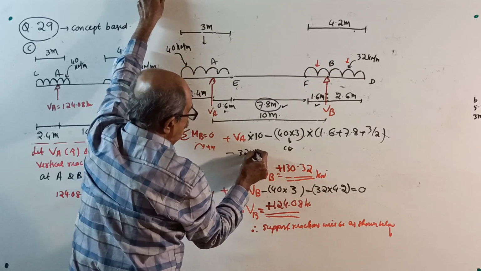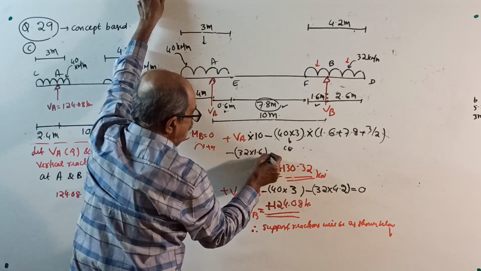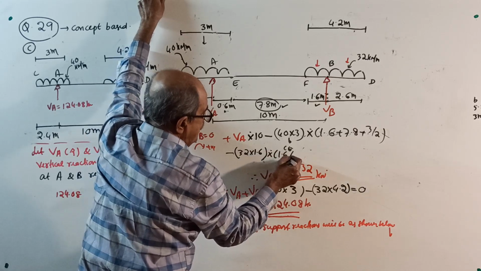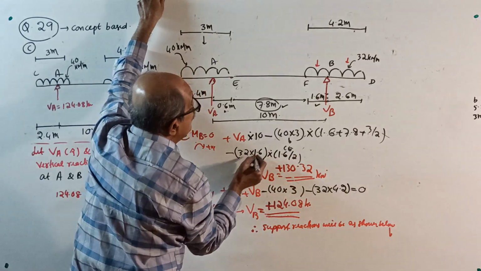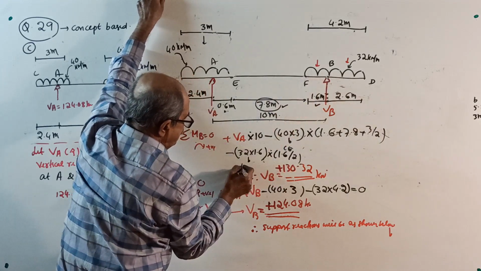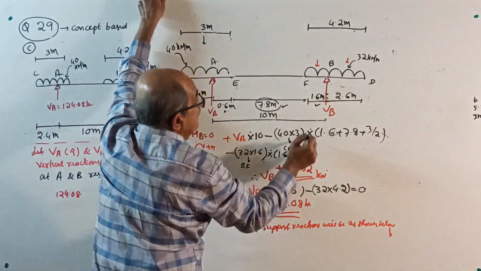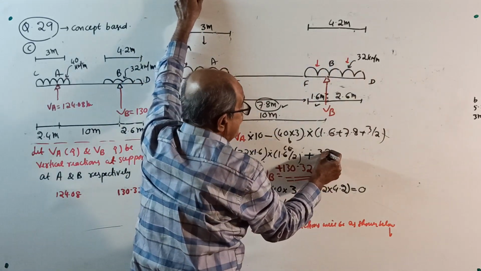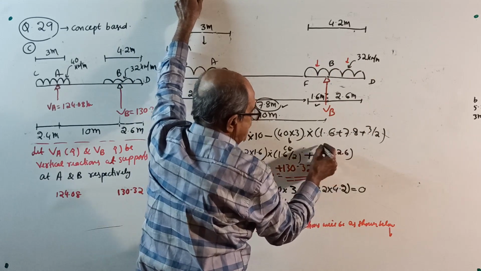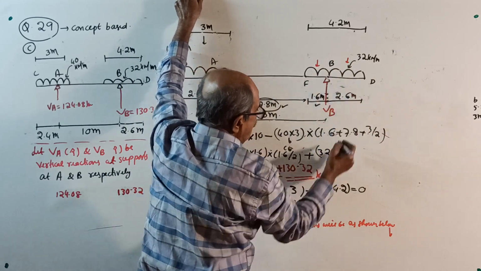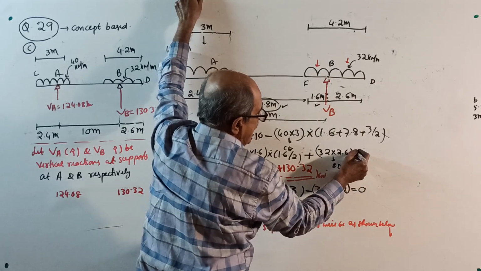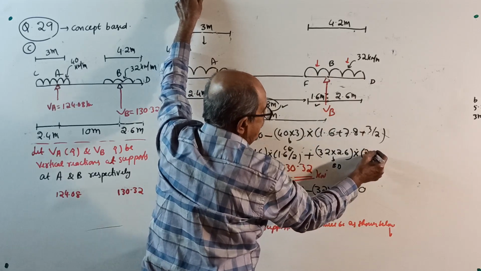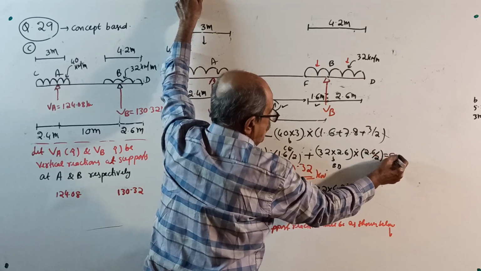32 into 1.6 is the total load, into 1.6 by 2, is the total load from B to F. Then that UDL will create clockwise moment. 32 into 2.6 is the total load from B to D, multiplied by 2.6 by 2, equal to 0.